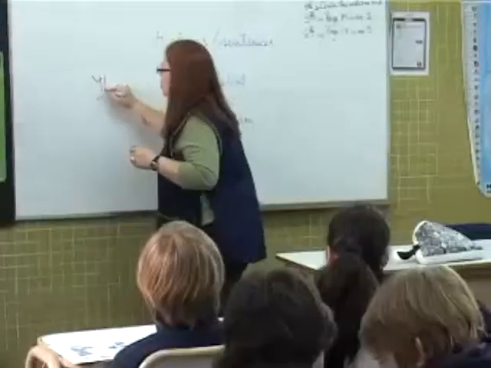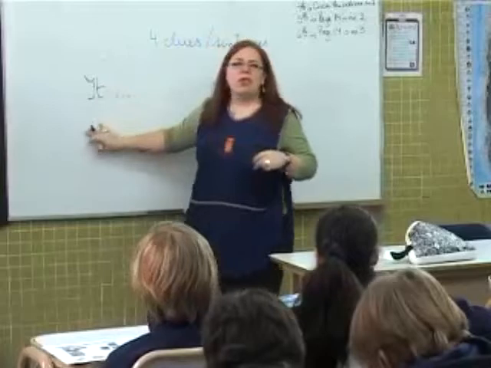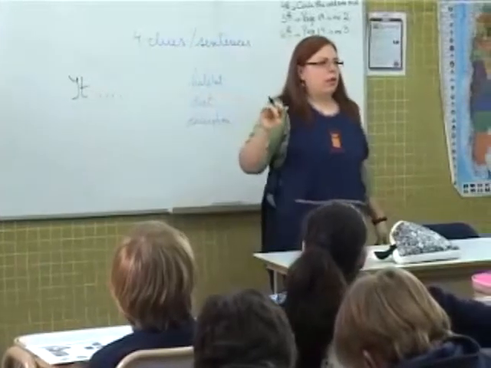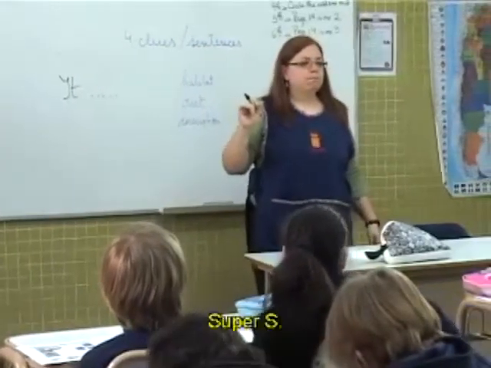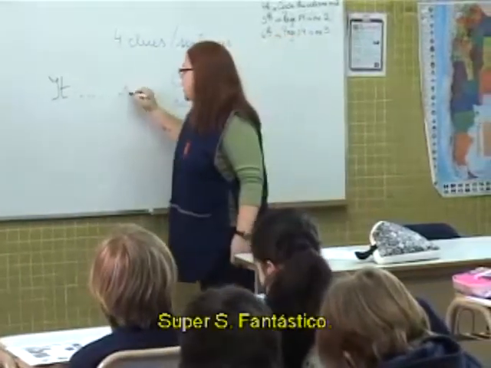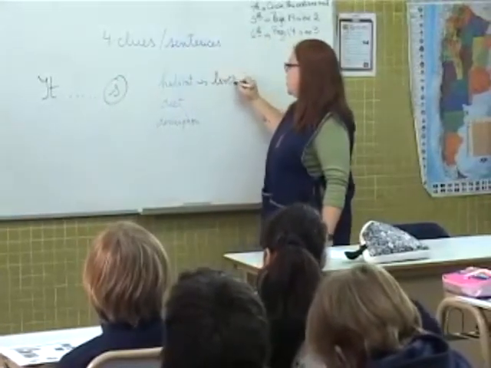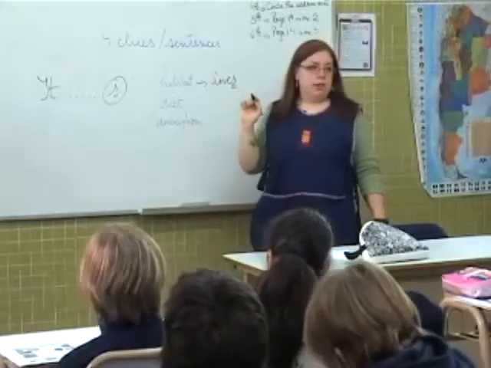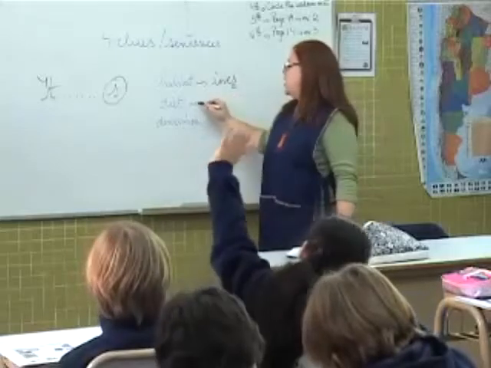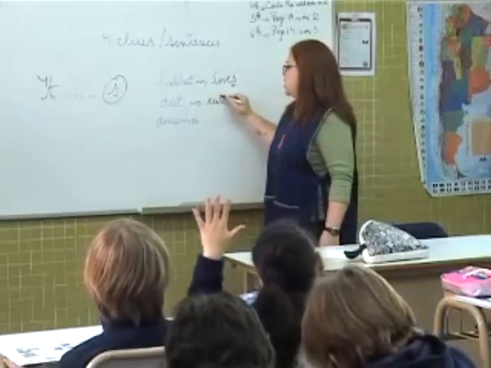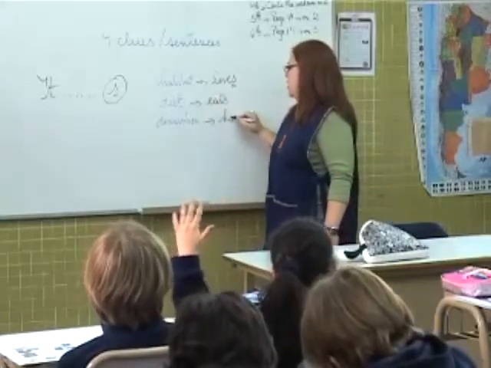It. No me queda ninguna otra opción. ¿Y cómo es it? ¿Qué tengo que hacer con el verbo? Super S. Fantastic. Así que si hablo del habitat, voy a necesitar lives. Si hablo de diet, voy a necesitar eats. Si voy a describir, has got.